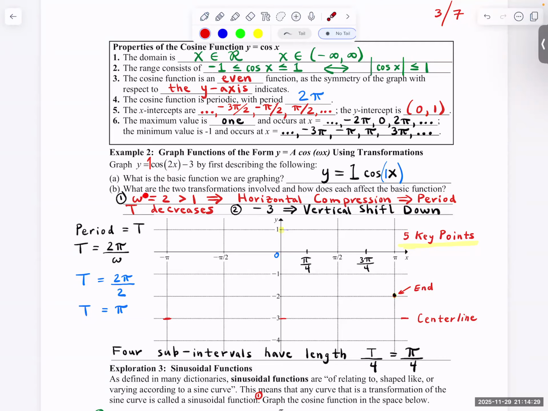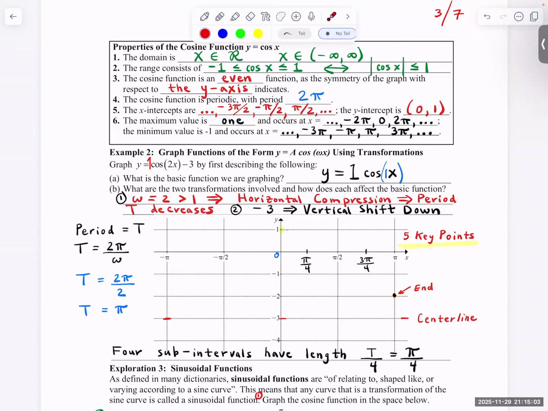And whenever omega is greater than 1, this means the basic graph will undergo horizontal compression, which means that the period T is going to decrease. The minus 3 means that there's going to be a vertical shift downward, including the center line or midline.